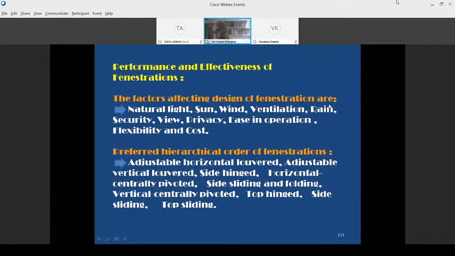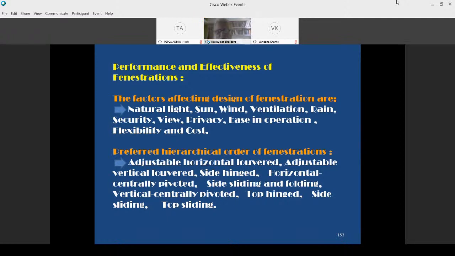Then at the end, sum up the total and find out how many marks it has obtained out of 100. This will show us the functional efficiency of this particular type of window.